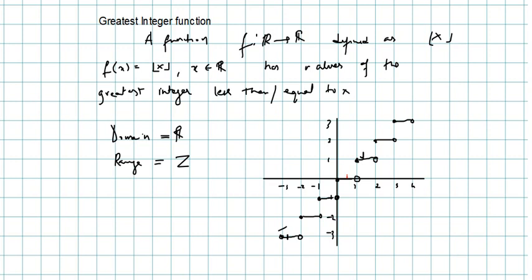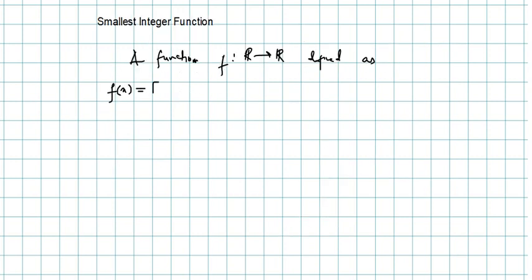Now in this case the square bracket would be at the top. So this is the smallest integer function, defined as f of x equal to has values of smallest integer greater than or equal to x.